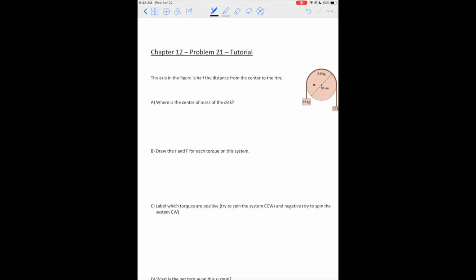So our first question is, where is the center of mass of the disk? So we're assuming that this disk is uniform in mass distribution. We have no reason to assume otherwise.